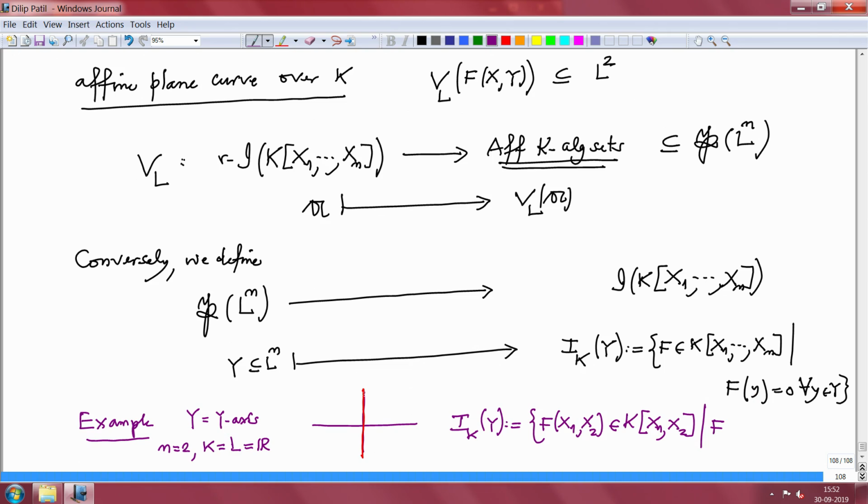So here the x coordinate is 0. That means f(0,b) is 0 for all b in the y axis, an arbitrary element.